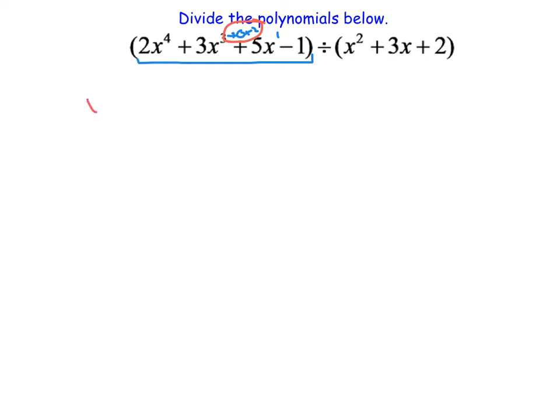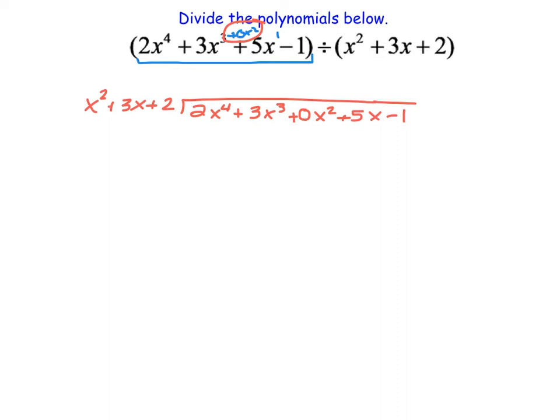So here we're going to take x squared plus 3x plus 2, and we're going to put inside of that long division symbol 2x to the fourth plus 3x cubed. Notice I'm adding in plus 0x squared, so I account for every single possible exponent of x, plus 5x minus 1. So that's where we are going to start.